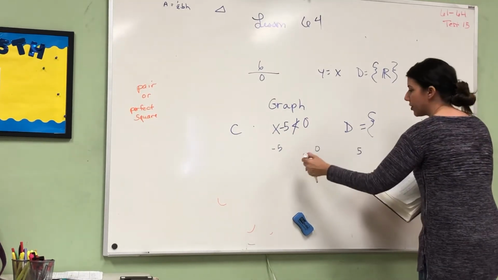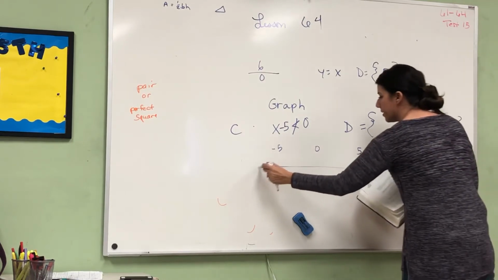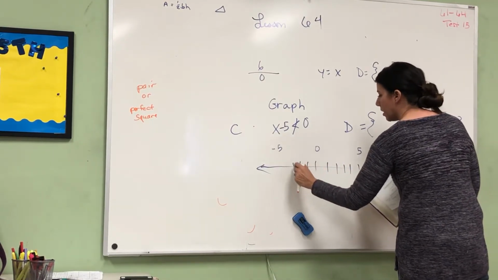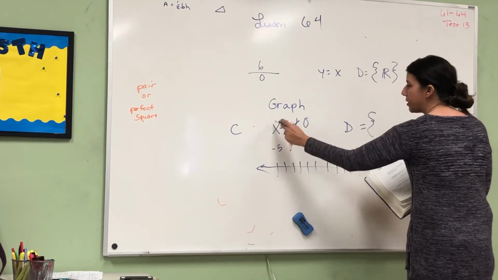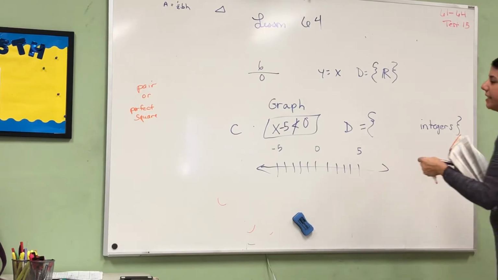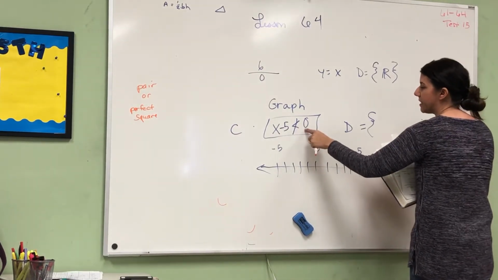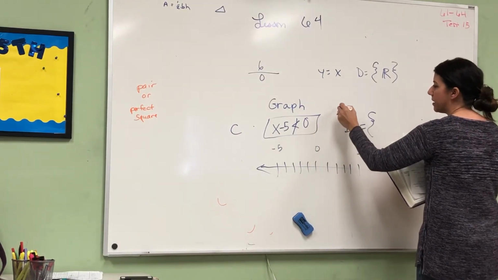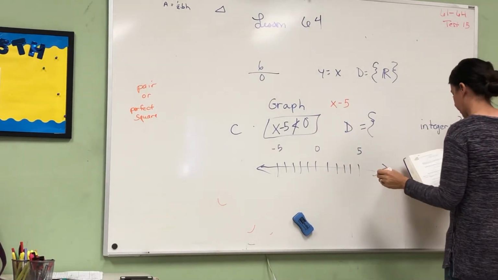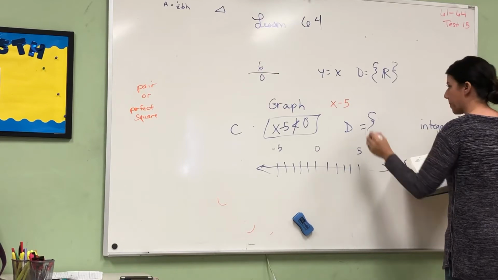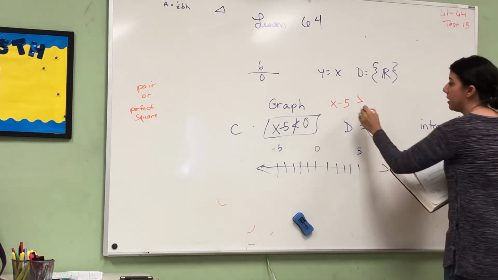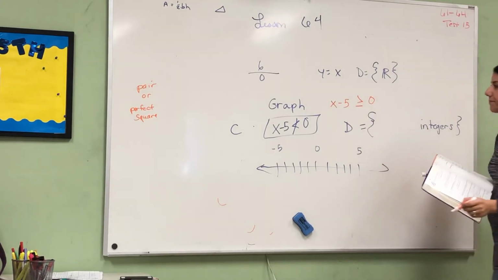So we're going to first draw our number line here. Okay, we'll rewrite this. If x minus 5 is not less than 0, then what is it? x minus 5 is what? More than 0. Greater than or equal to 0.